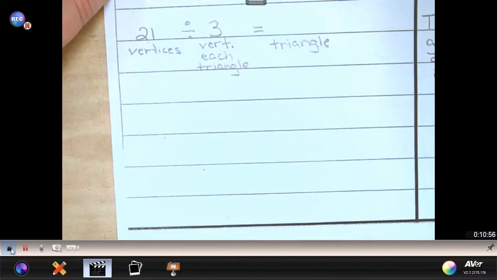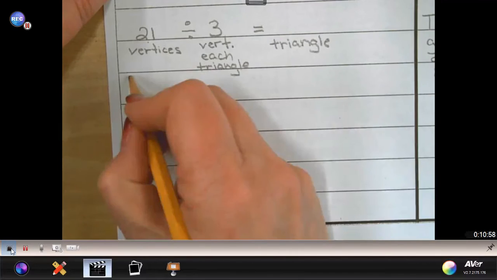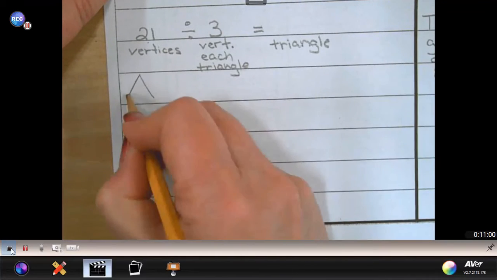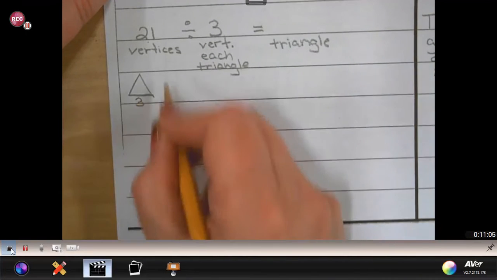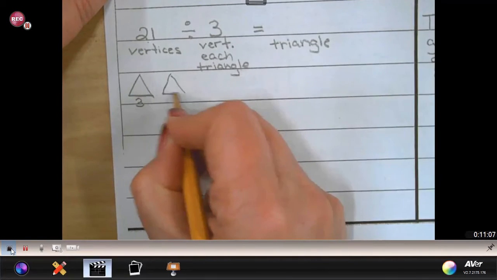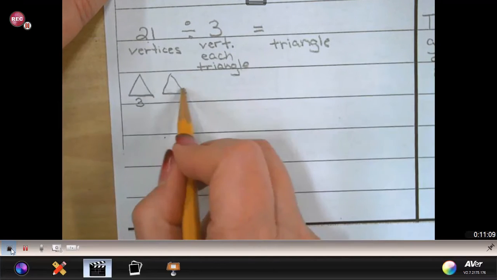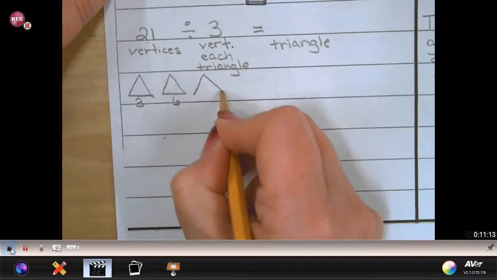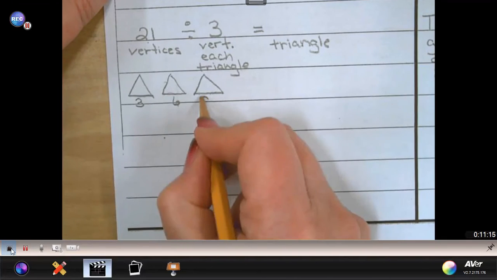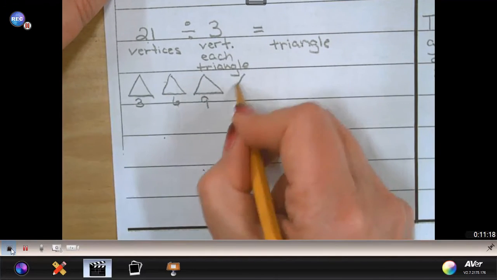Now, using what I know, I could start drawing triangles if I need to. And I would draw 1 triangle, that's 3. If I use 3 more vertices, now I'm at 6. 3 more would put me at 9 vertices that I've used.